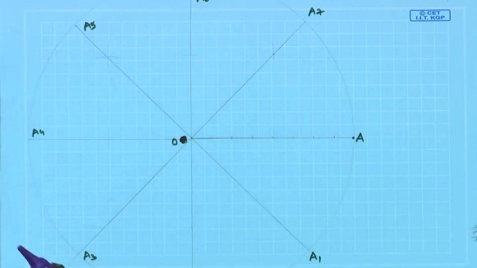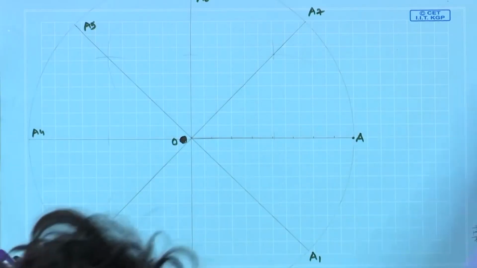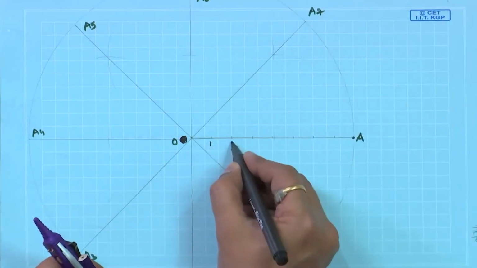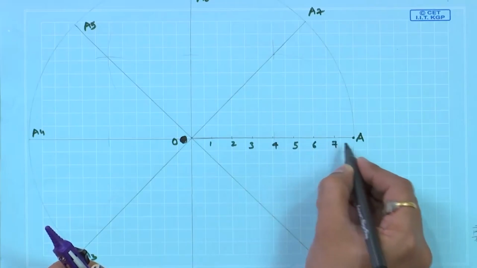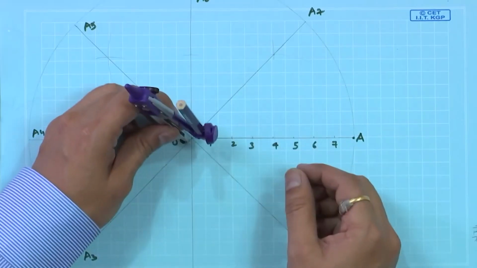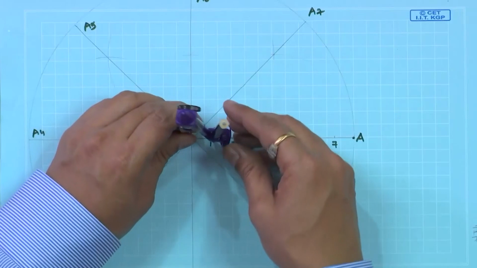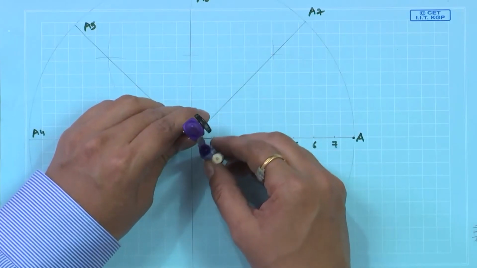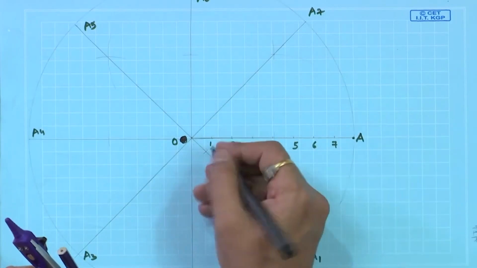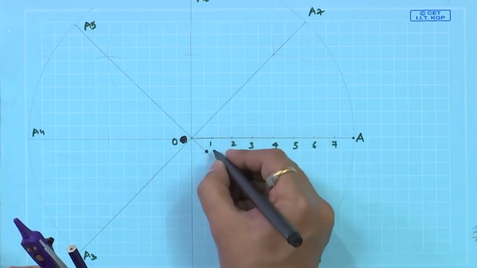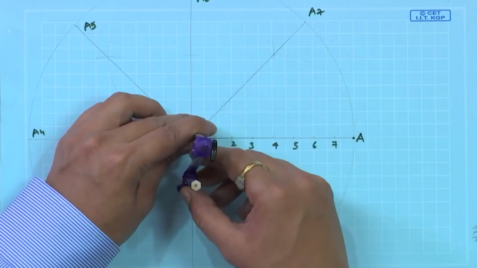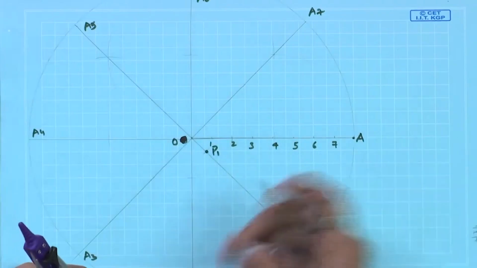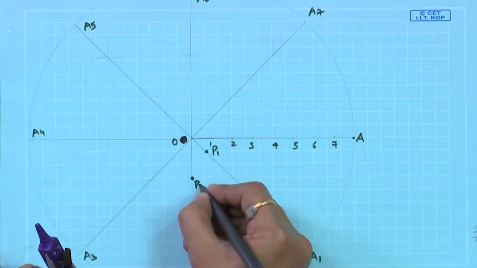Let us name these numbers also 1, 2, 3, 4, 5, 6, 7 and the 8th one. From A, measure the distance, make an arc, locate that point as P1. Similarly, from A to make an arc, P2 point.